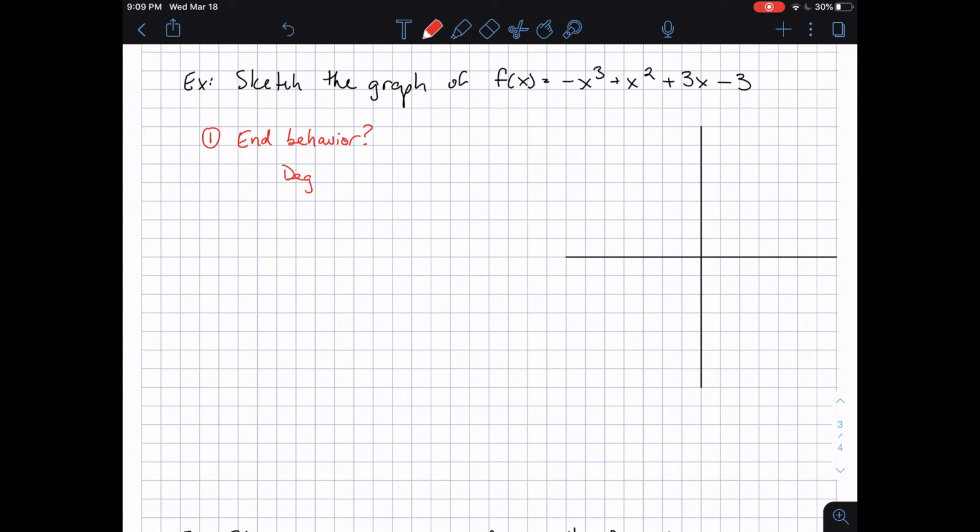Well, we know that the degree is 3, and that's an odd degree, and that my leading coefficient, such a long phrase, is -1, right? It's a negative leading coefficient, right? So here's my degree. Here's my leading coefficient of -1. We assume that 1 is there.